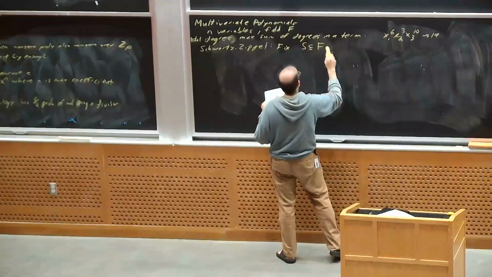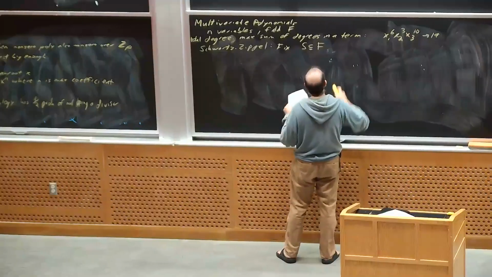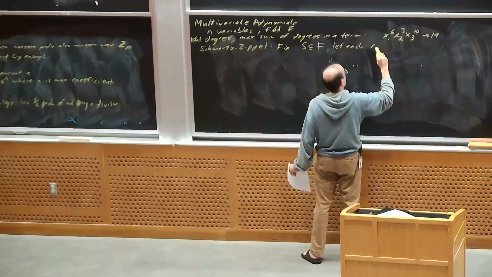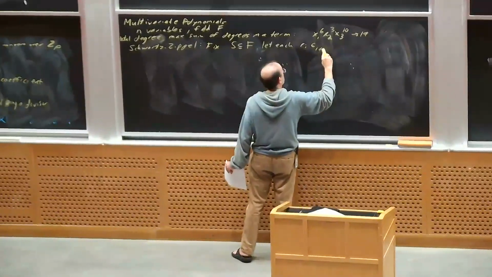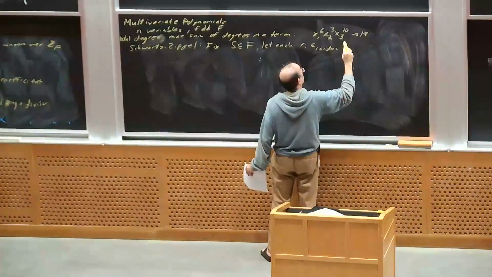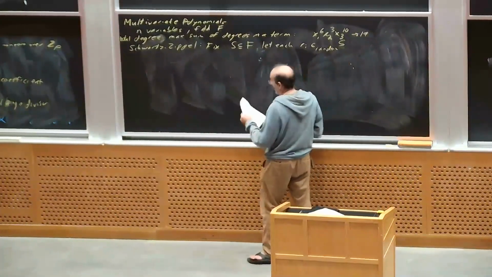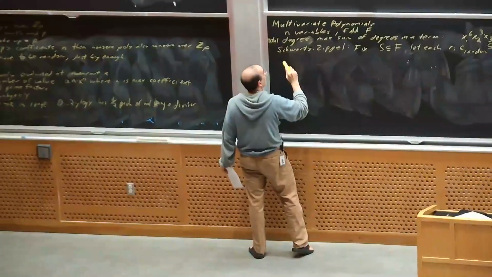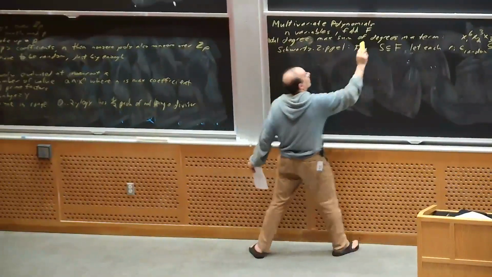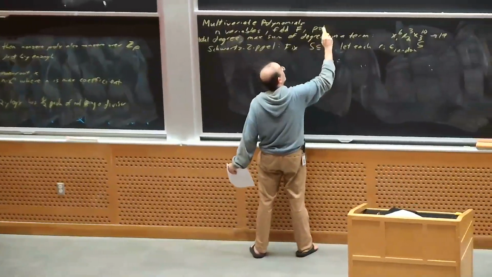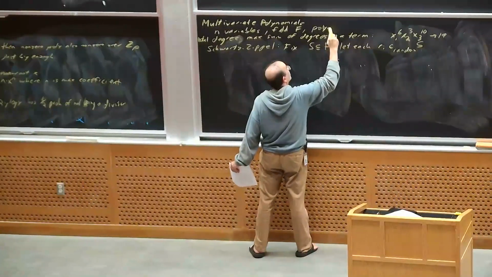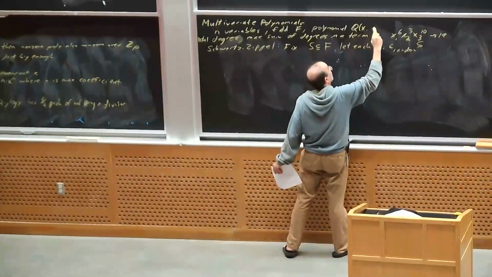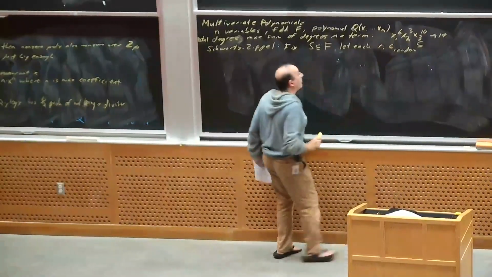So fix some set S contained in F, and let each Ri be chosen randomly from the subset S. Let's call my polynomial Q of x1 through xn.